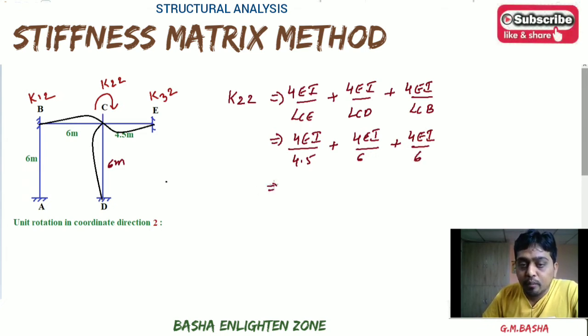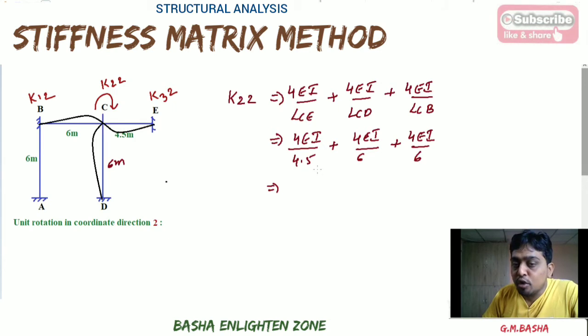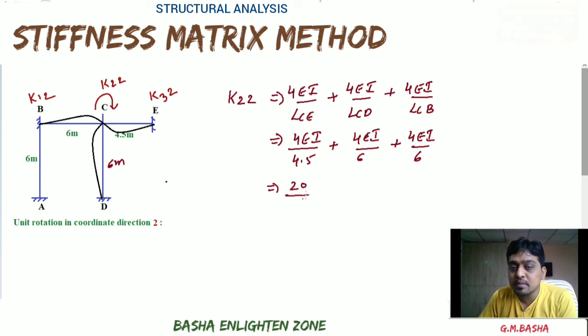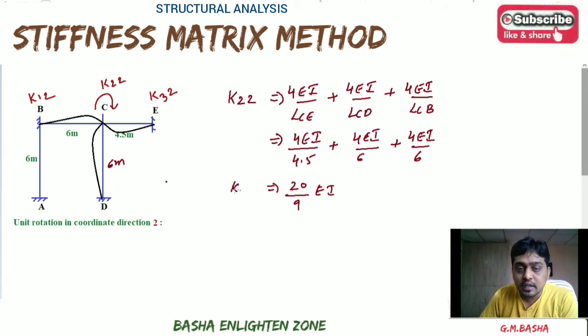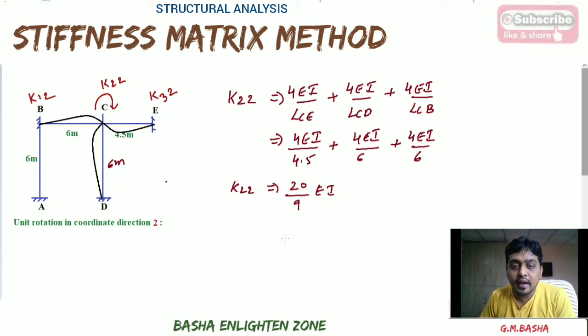If you simplify by taking the LCM of 4.5, 6 and 6, directly the value you will get here is K22 equal to 20 by 9. You may get some values in decimals also, so please take down that one as it is. K22 will be equal to 20 by 9 EI.